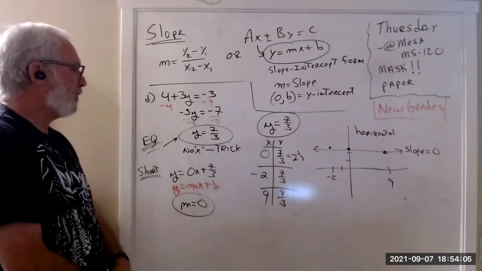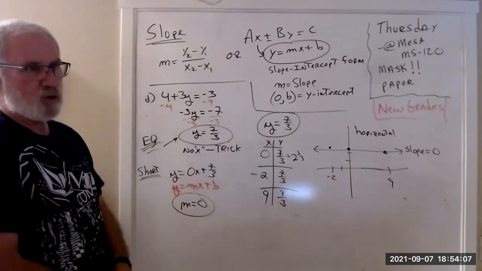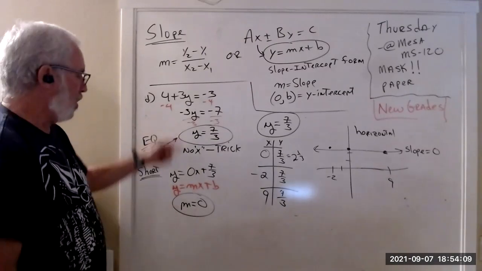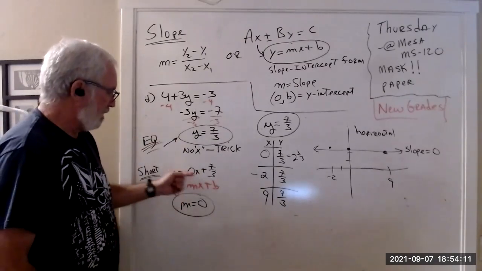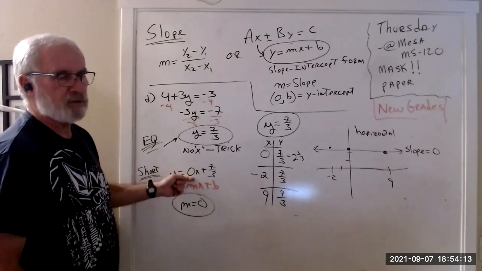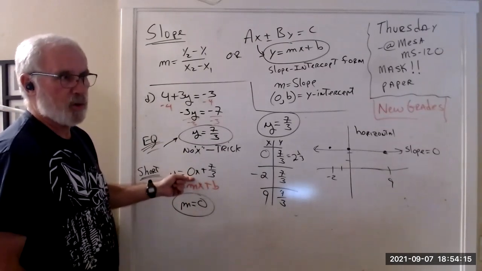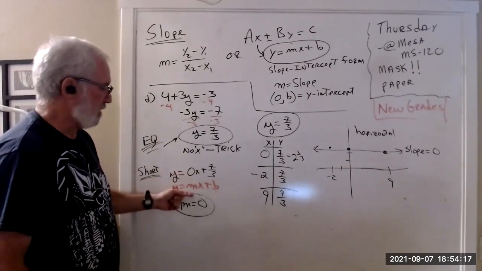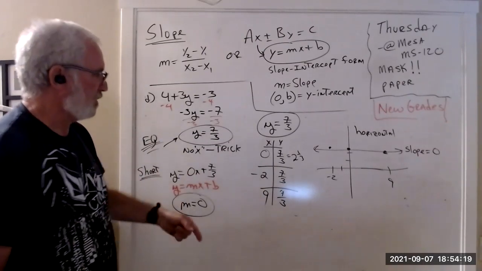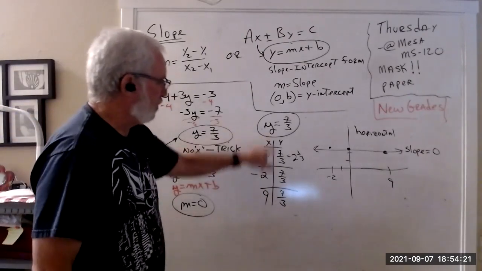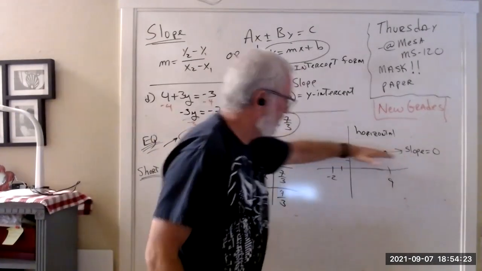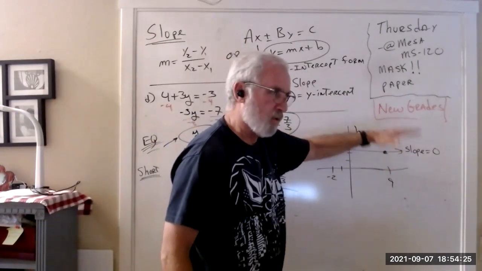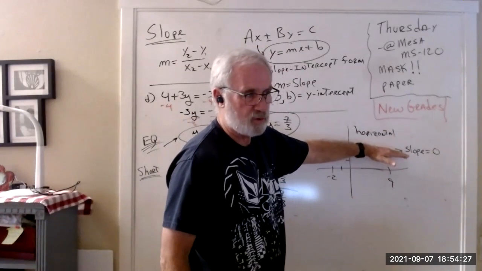So that's two different ways we could have found the slope on that equation. One is the trick way, by slipping in the missing 0x and figuring out the slope of 0. Another way was to build a table, graph it, and get a horizontal line. Horizontal lines always have a slope of 0.